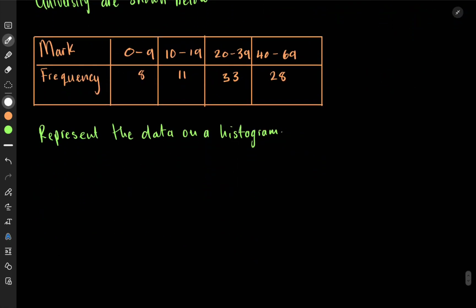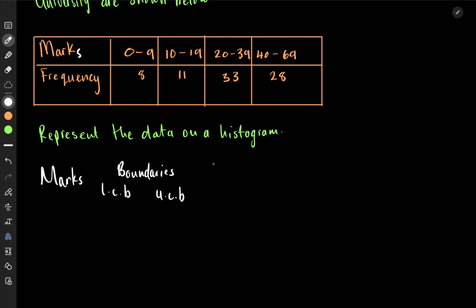What do we write? Marks. Should have been marks, I guess. Marks. And then after marks, what is the next one? Boundaries. So we say marks, then boundaries. On boundaries, we have lower class boundary and we have upper class boundary.